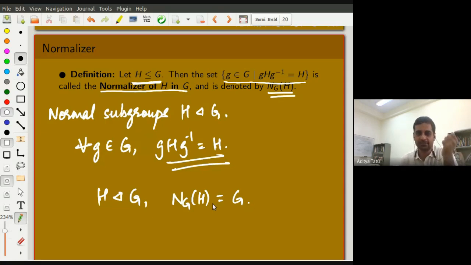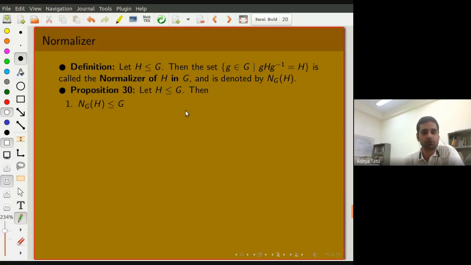Now this set, irrespective of whether H is a normal subgroup or not, you can show that it is a subgroup of G. I'm not going to prove this. I think it's very easy to show this. I don't have time as of now.